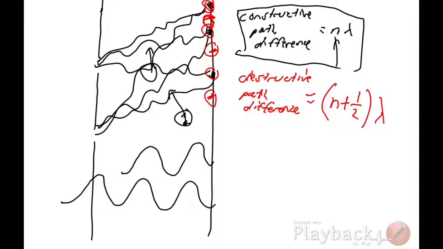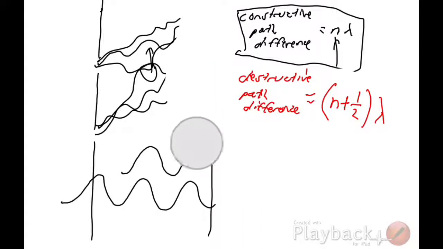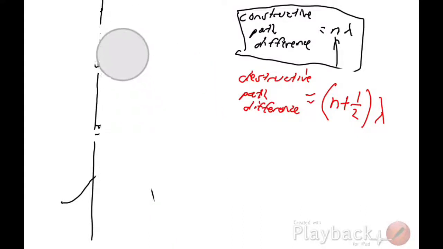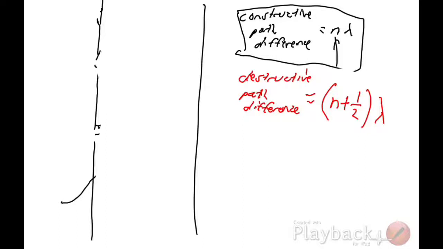So we could say, hey, if this bottom wave traveled maybe 1 full wavelength to this point, and this one traveled 1.5 wavelengths to get to that point, we would have destructive interference.